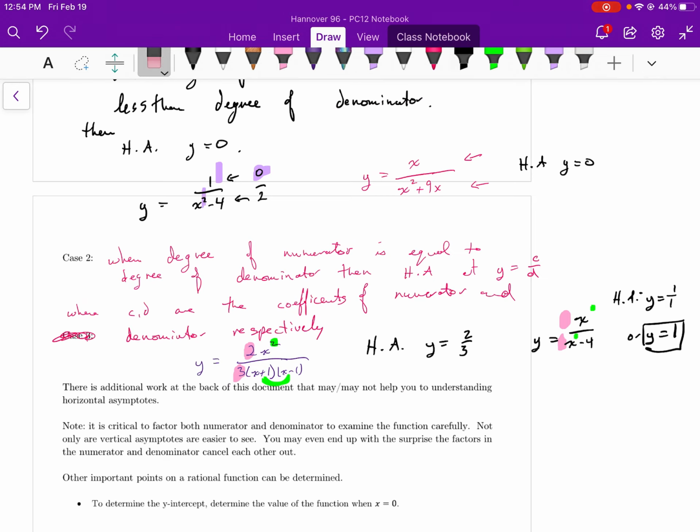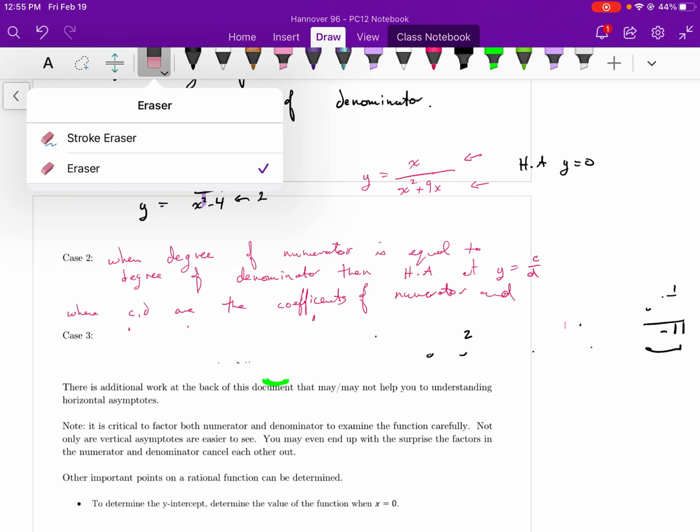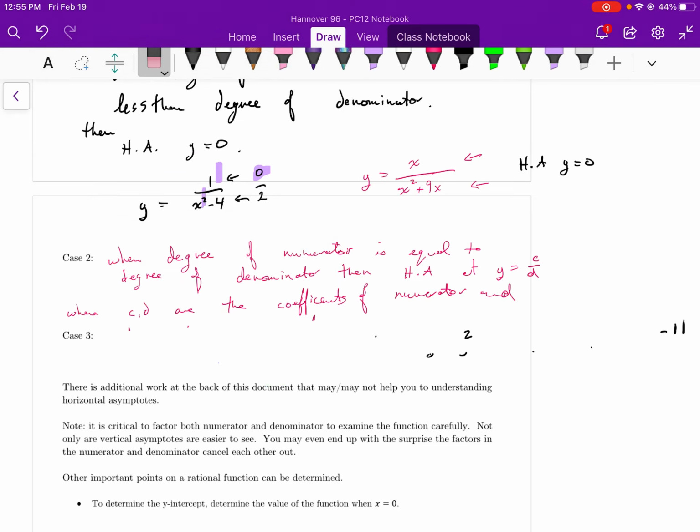Now, I'm just going to delete what I just wrote because I need space for case 3. We talked about the case where the degree of the numerator is less than the degree of the denominator. We talked about the case where the degree of the numerator is equal to the degree of the denominator.